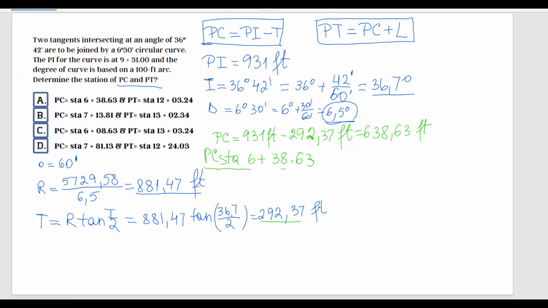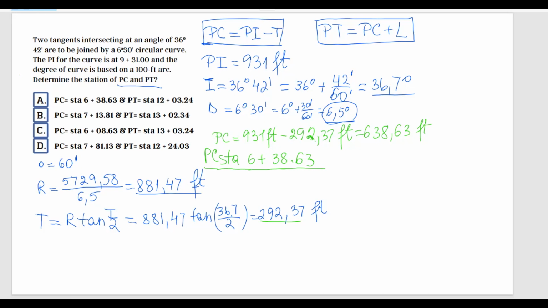We found the PC station. And now we can go to calculate PT. But let me make a note here. If you are on the exam, right at this moment, and you found the PC station, you can look at your options A, B, C, D and see if any of these match.